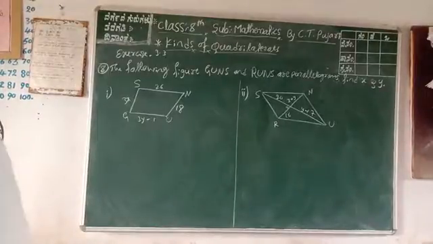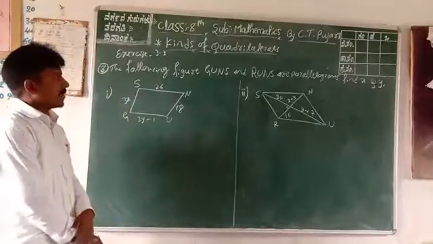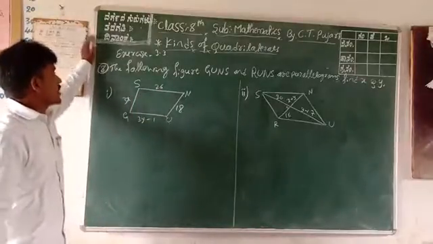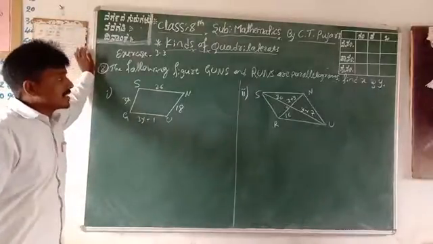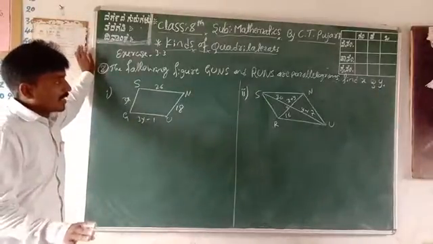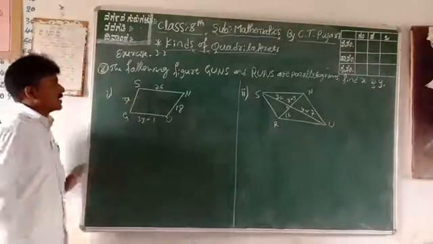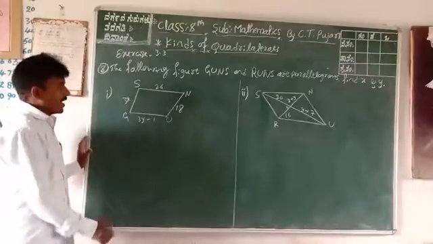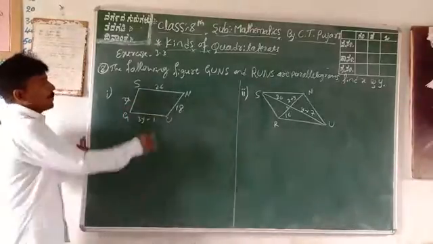Next question, in your exercise 3.3, 8th question. In the question, the following figures GUNS and RUNS are parallelograms. Find the x value and y value. In the given figure, this is a parallelogram, so you can find out the x value and y value. In the parallelogram, opposite sides are equal.